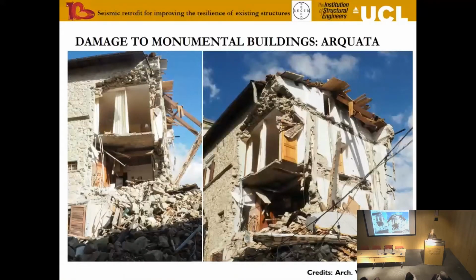This says monumental building, but this is not really a monumental building. It's a historic building, a historic house. It's extremely interesting because this house has been intervened on at each story in each decade from 1980 to today. And so we can recognize, let's say, the Italian guidelines in each part.